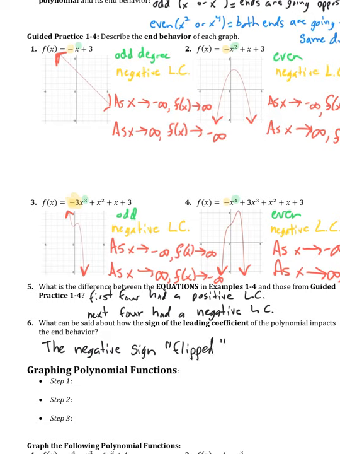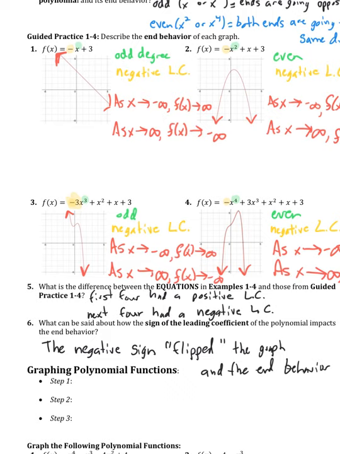That's what happened. Flipped the graph and the end behavior. Everything flips, and it's because of that negative sign. That's what's happening here. So that's the difference between the first 4 problems and the next 4.